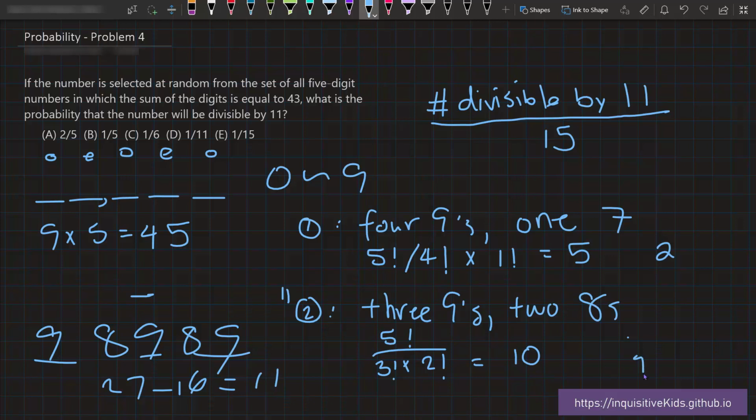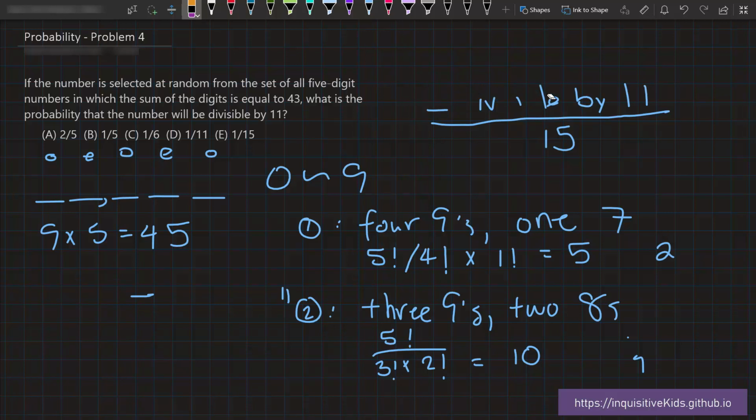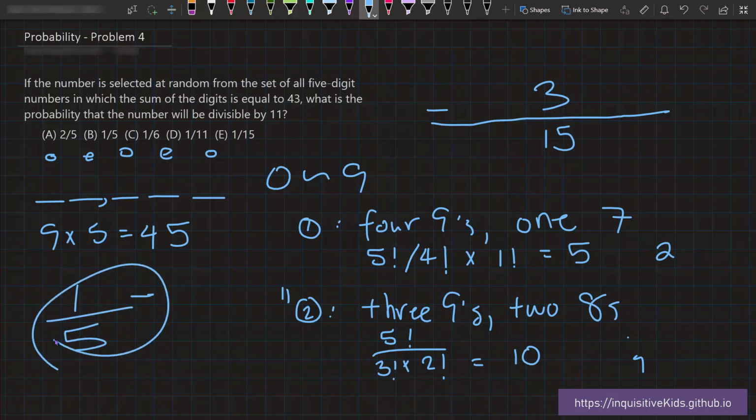So there is one way here. Now we add up 1 and 2, which gives us 3. So we know that the numerator, the number of numbers that are divisible by 11, is 3. So we have 3 out of 15. Now simplifying this, we have 1/5. So our final answer would be 1/5, or B.